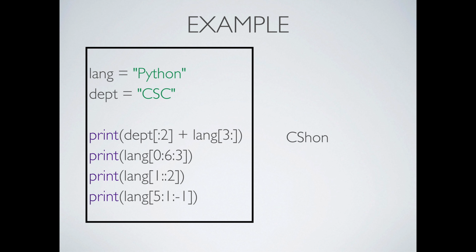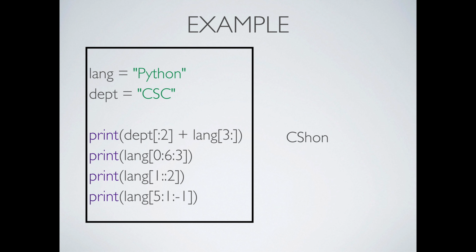In this slice, there's no start, so we're going to start at 0, and we're going to go up to but not include 2. So we start at 0, which is C, then we go to S, which is 1, and then that's it, right? Because we're not going to include the character at position 2.